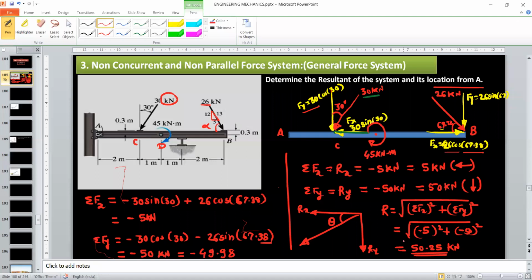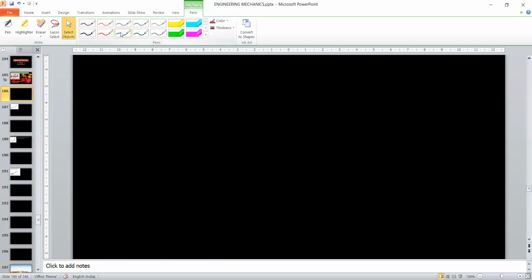Have you got the same answer for the resultant, 50.25 kilonewton? Once you calculate the resultant, the next step is to find the angle theta. The resultant magnitude is 50.25 kilonewton.